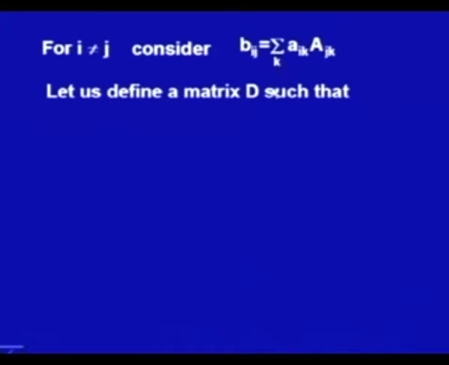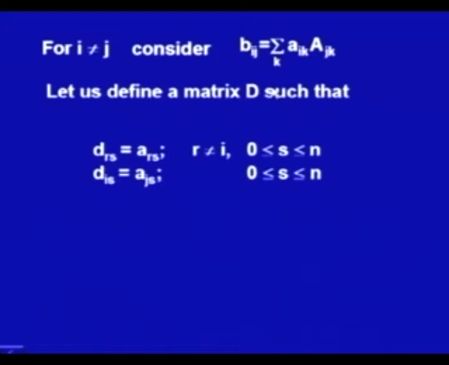Now, we define a new matrix D such that Drs is equal to Ars when r is not equal to i for all values of s lying between 1 and n, but Dis is equal to Ajs for all values of s. That means the ith row of D matrix is the same as the jth row of A matrix.